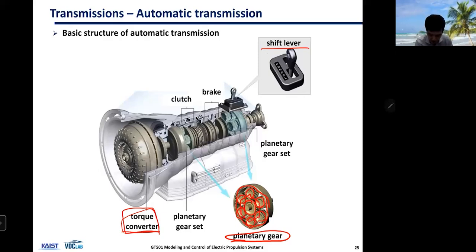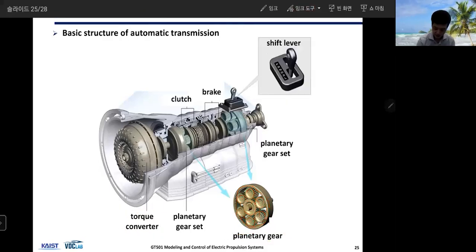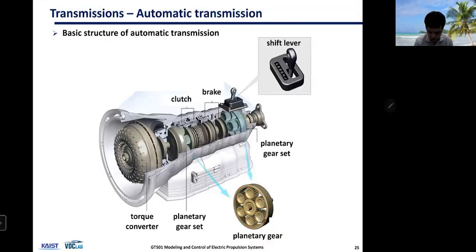But anyway, you have this planetary gear set, which basically has 3 shafts: sun, ring, and the carrier. So there are 3 shafts coming out of this planetary gear set, and that gives you a lot of design freedom and flexibility, and can make the transmission more compact.